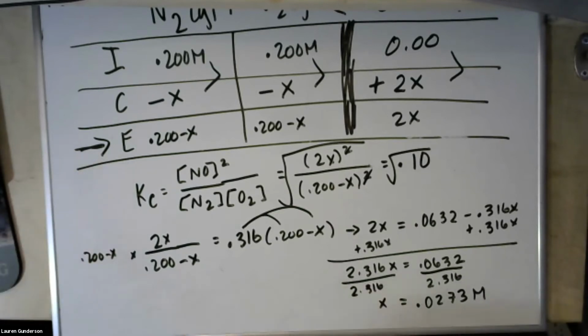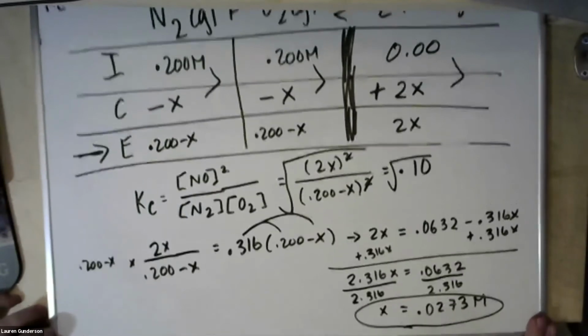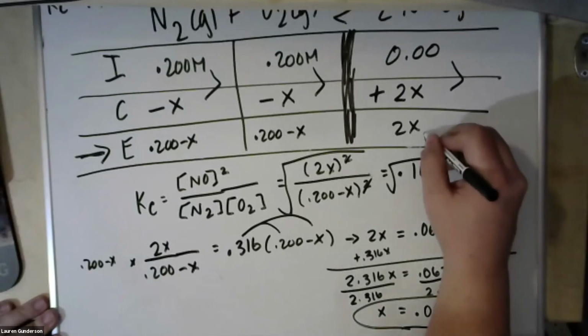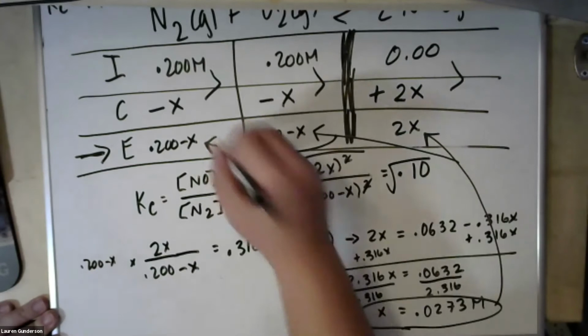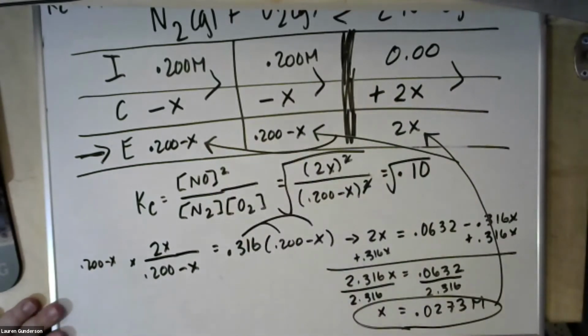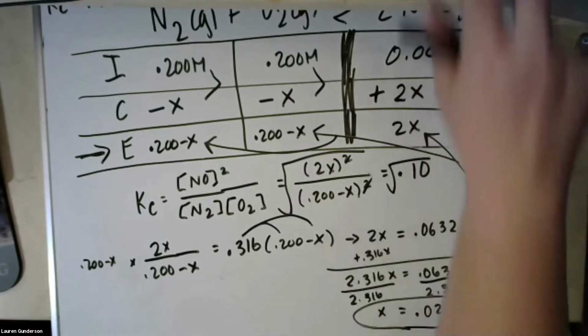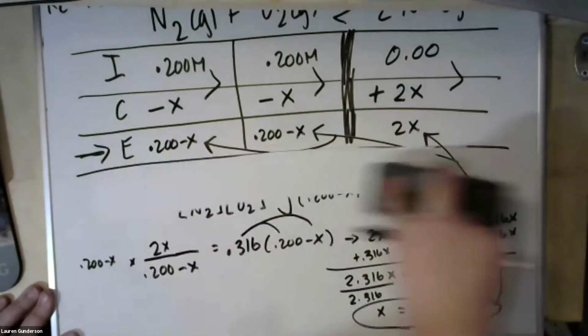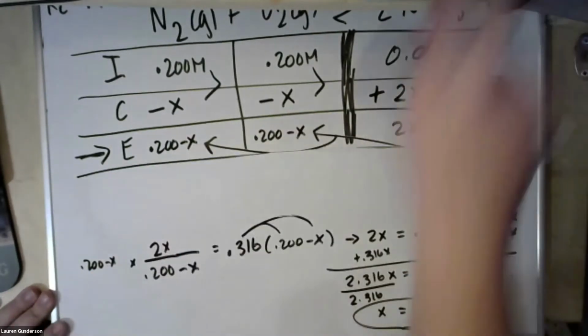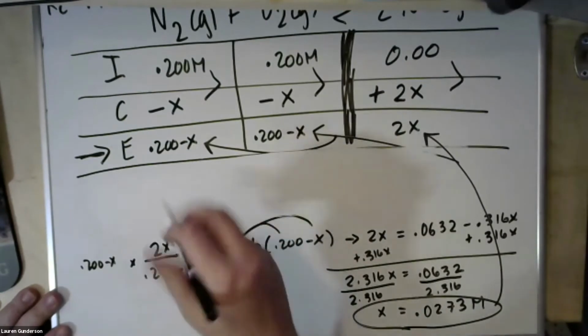All right. Now, once we have this x value, we're going to go back and plug it in everywhere that we have an x in that equilibrium row. I'm going to erase a little bit of this math because I'm going to need a little extra room to write our numerical equilibrium values.